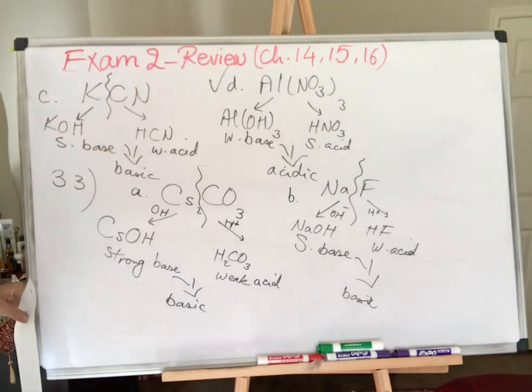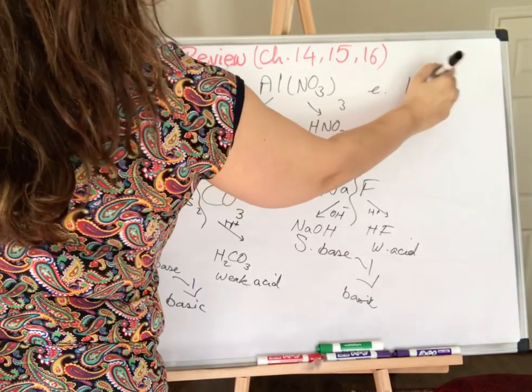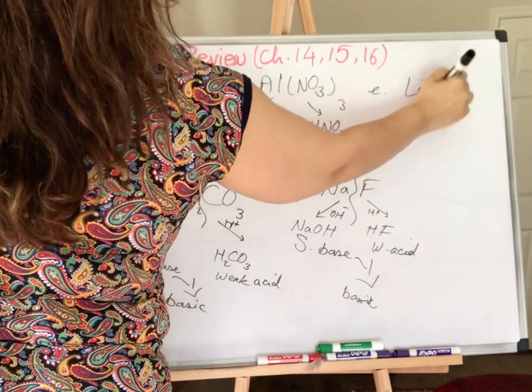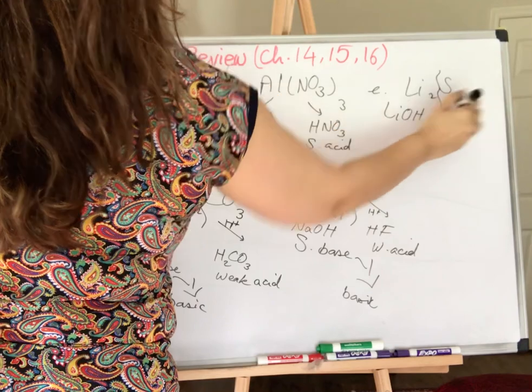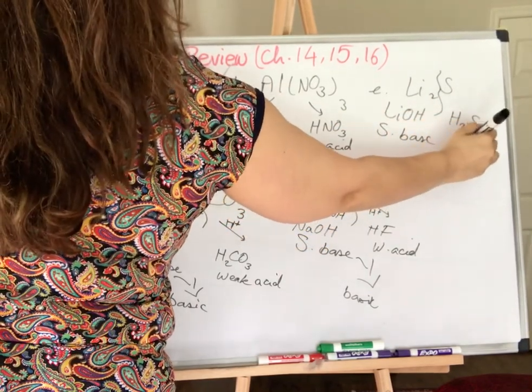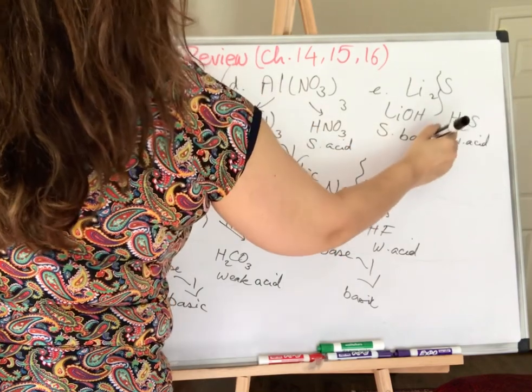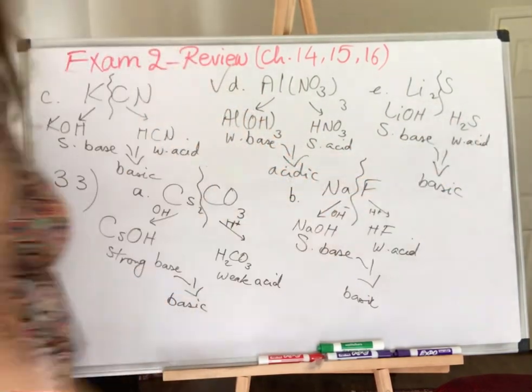And if you want to know the answer for Li2S, again, LiOH and H2S. This is a strong base and this is a weak acid. So the result is going to be basic.